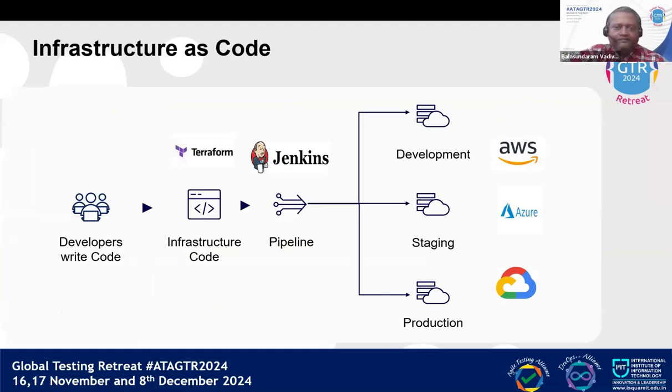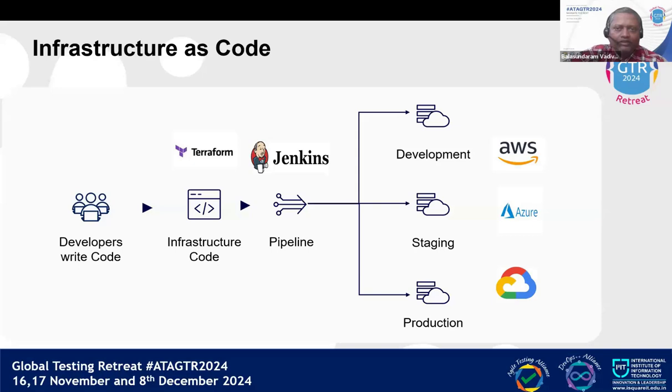Next, we see infra as a code. Before we deep dive into the technical aspects, let's take a quick look at what is cloud assurance, cloud infrastructure, and its ecosystem. When a developer commits the code, it needs to be deployed on multiple environments like development, staging, and production. In the past, we set up the infrastructure manually, and because of manual setup, there are a lot of challenges we will face.